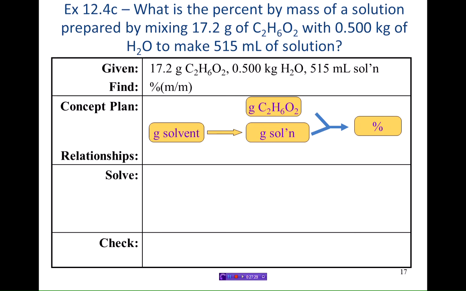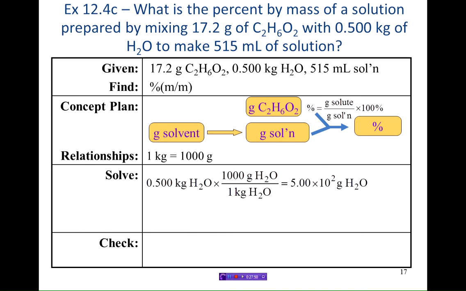And to do some of these conversions, we're going to need to know that there are 1,000 grams in 1 kilogram. Because remember, our percent by mass is the grams of solute per grams of solution times 100%. So we've got 0.5 kilograms of water, and we're going to convert that to grams of water just by using the 1,000 grams per kilogram.